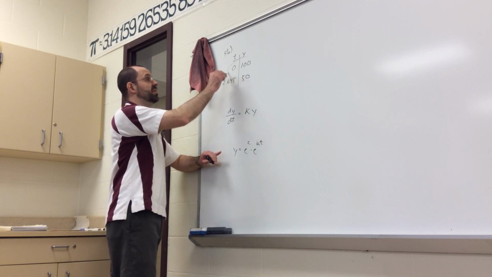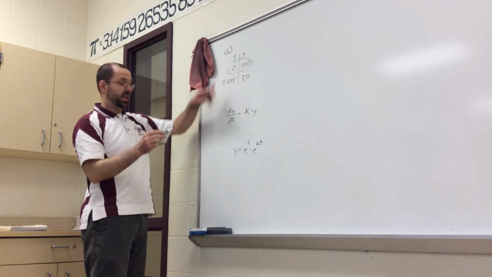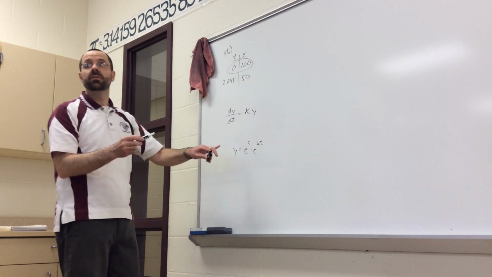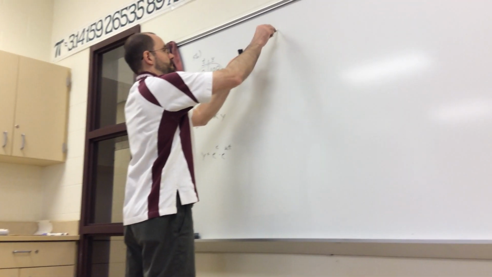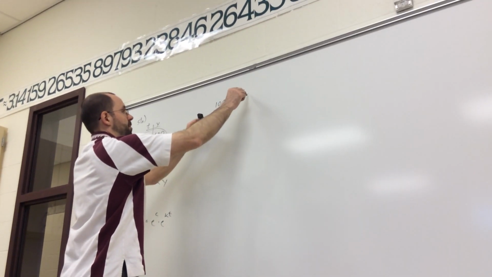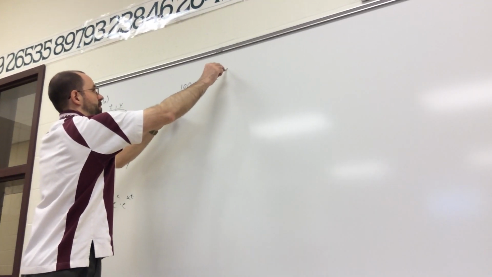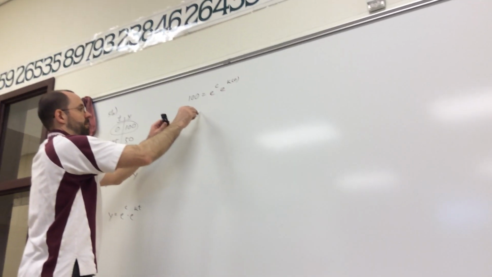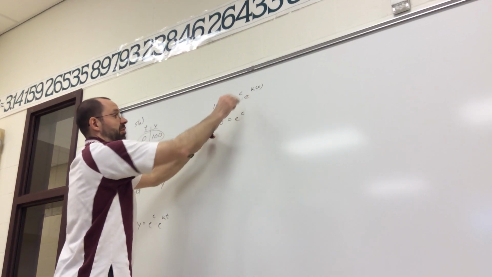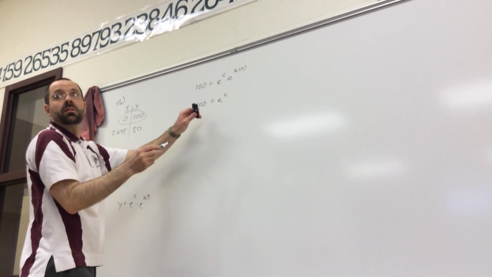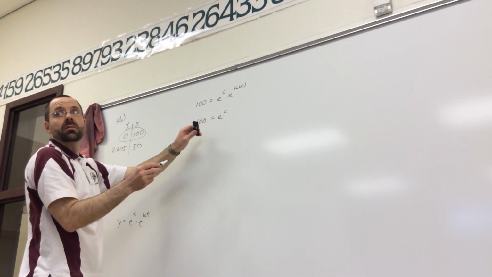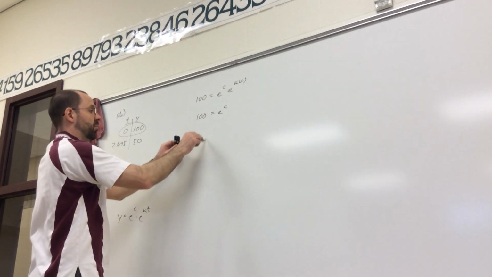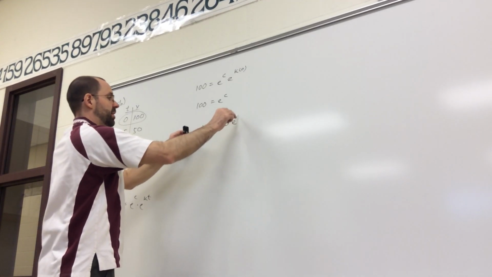So then you plug this point in, and it's going to give you the e to the c. E to the 0 is 1. So now we know that y equals 100 e to the kt.